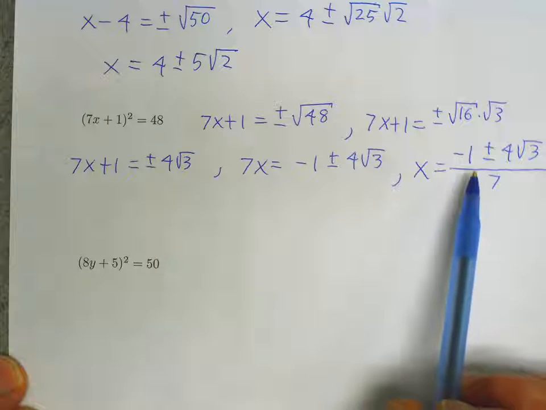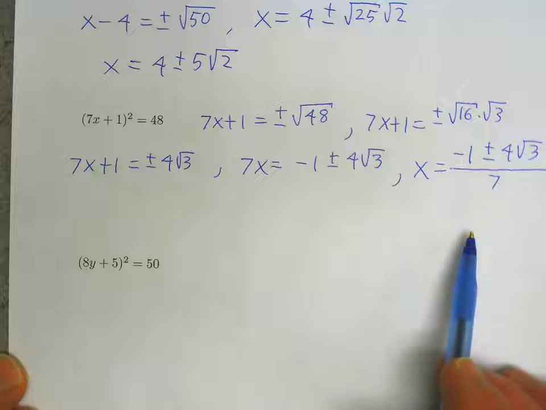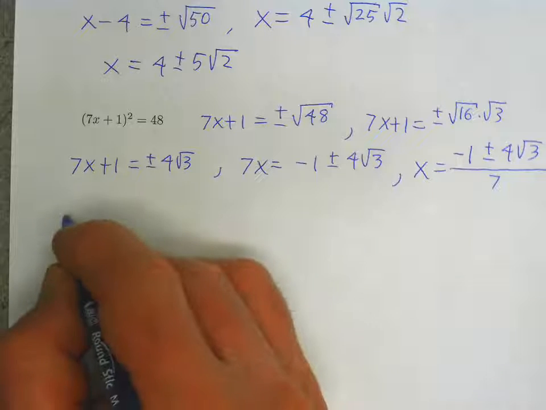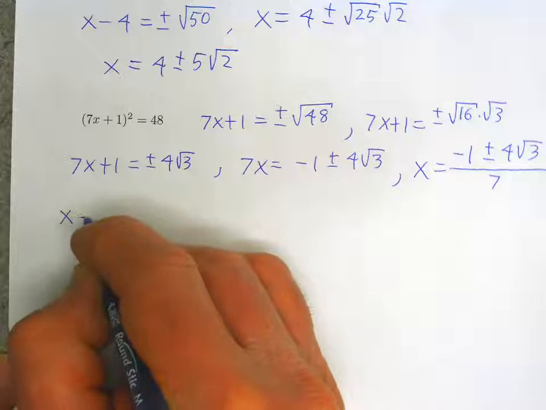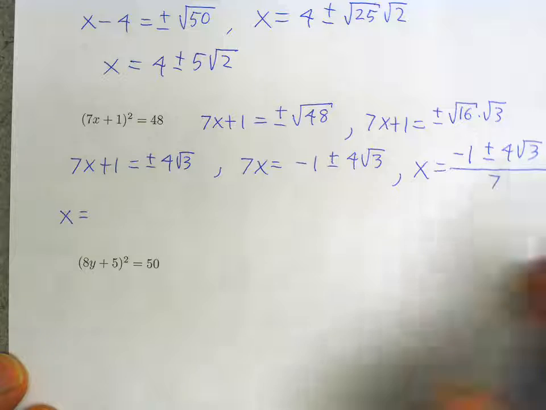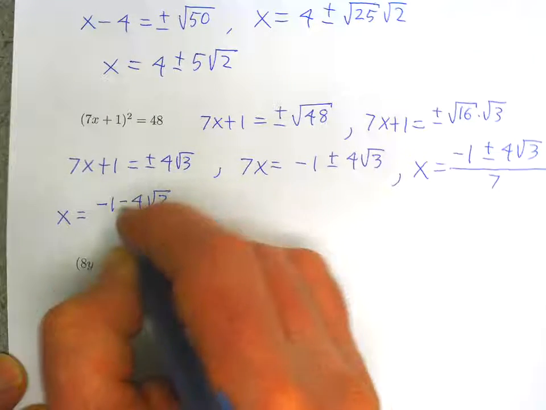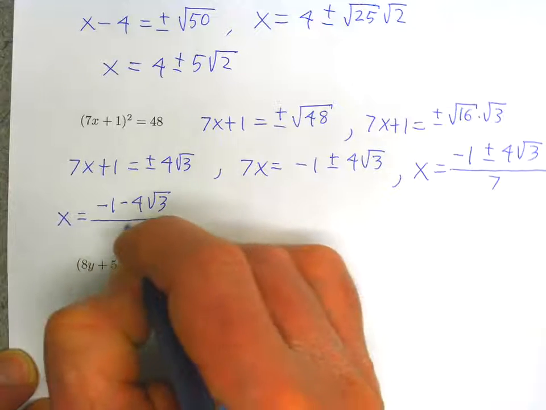So I'll go ahead and write the 2 solutions separately. So one solution, in the numerator, we'll just get one of the solutions as negative 1 minus 4 times the square root of 3, and all is divided by 7.